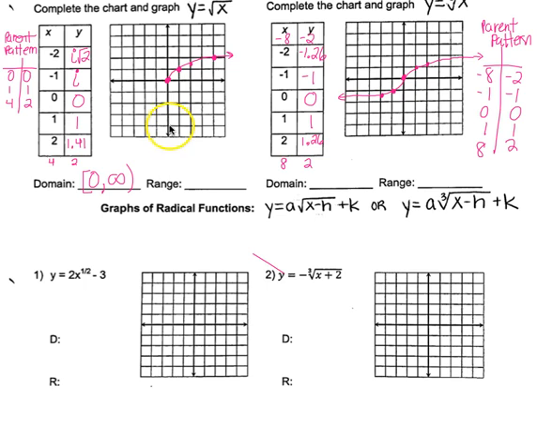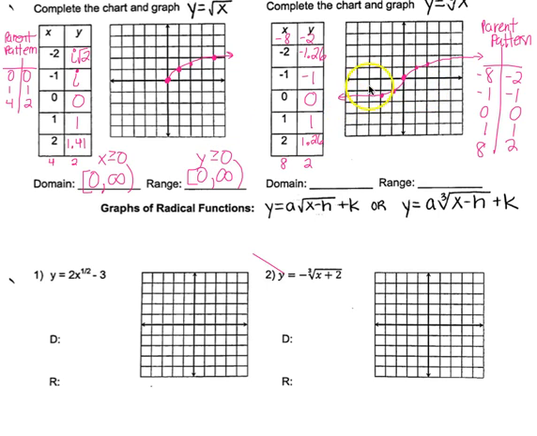Range, as I'm going down to up, first value I see is 0, and also the arrow slowly, but it is continuing to go up, so we'd say to infinity. If we were using an equality format, this would be x greater than or equal to 0 and y greater than or equal to 0.